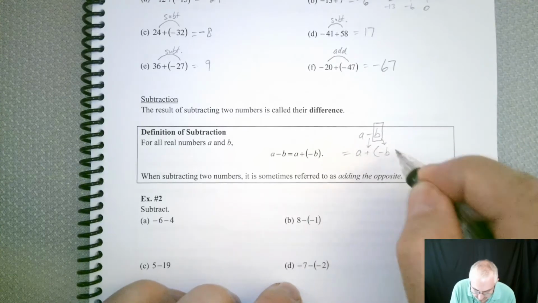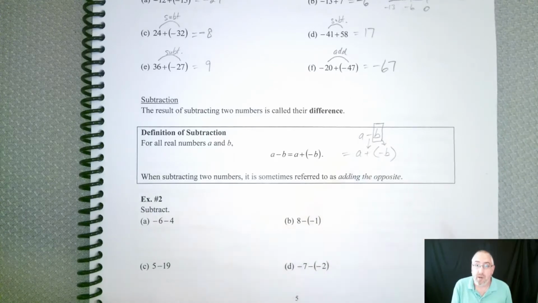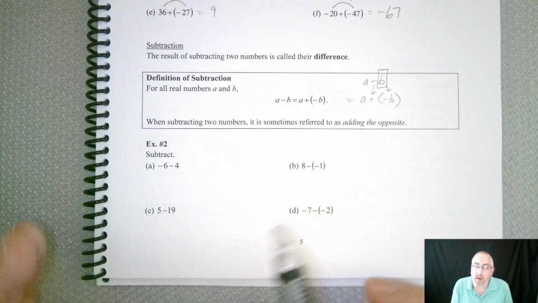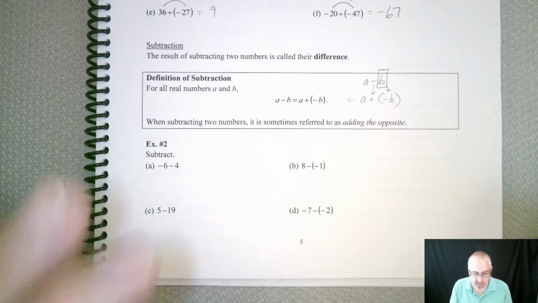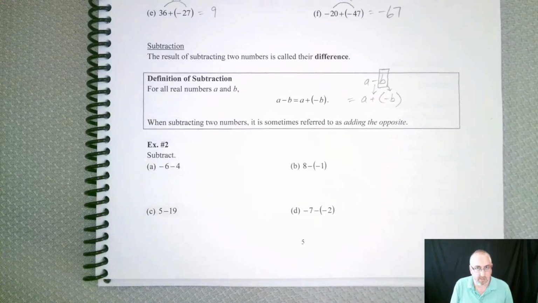So negative B. Now we have it as an addition problem, so we can apply those rules for addition. So adding the opposite is a way to think of it. If you know how to do these problems, you really don't need all these fancy steps, that's fine. But if you're rusty and you want to remember how to do it, this is the way I would recommend it. Try to show those little bit of extra steps just to help you out.